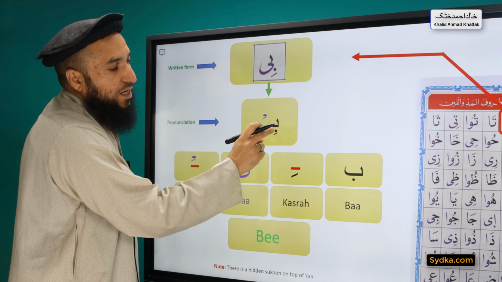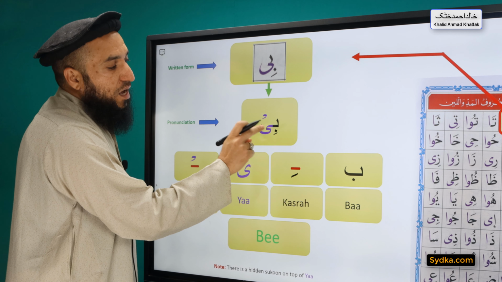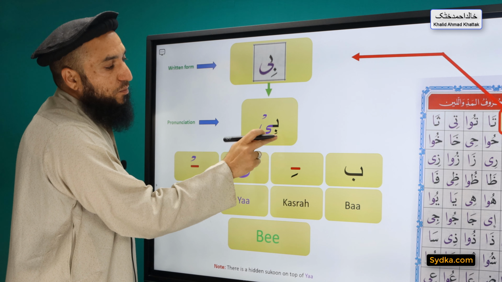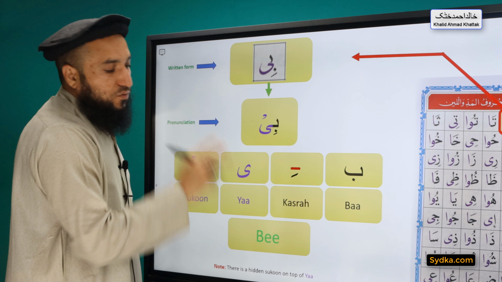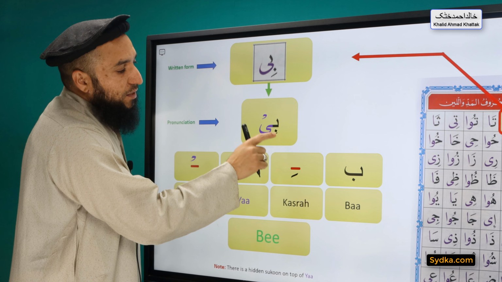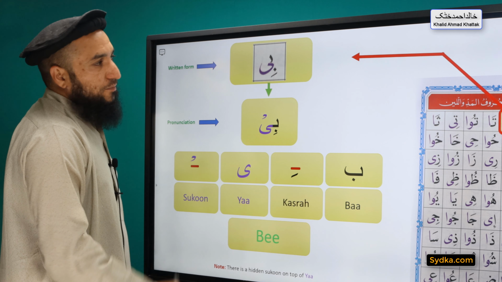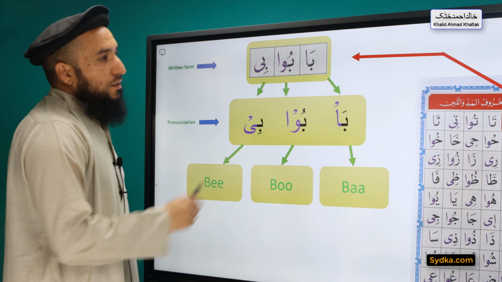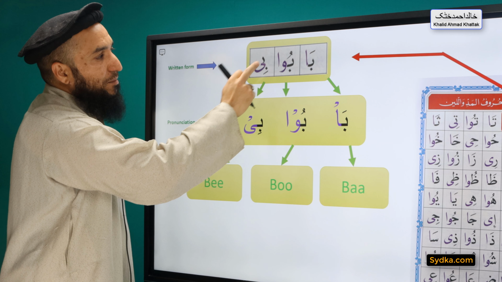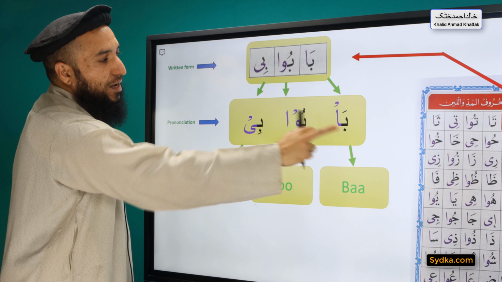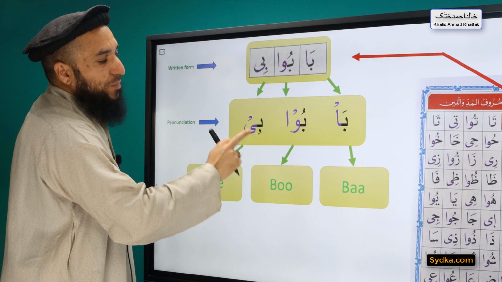Whenever we have any letter which has kasra underneath and is followed by ya, it will be prolonged for 2 counts. Ba kasra ya sukoon bi, ba bu bi.